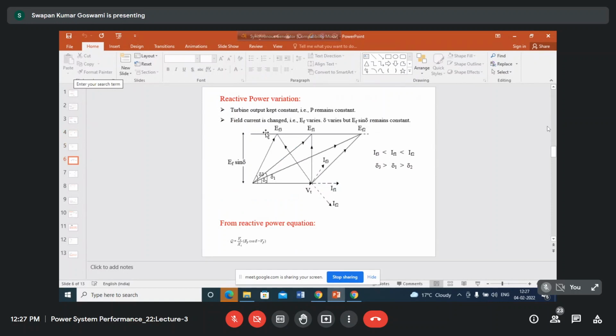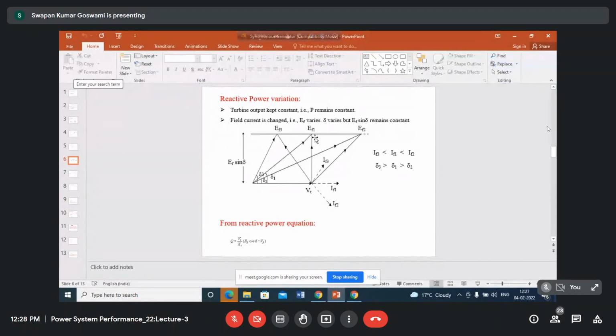Our control will be such that EF sine delta will be constant. So assume that this is the line parallel to this line Vt. That means this length EF sine delta will remain constant, and we have drawn three values of EF here: EF1, EF2, and EF3. EF1 is the induced EMF corresponding to a certain value of field current when the armature current is like this, IA1.